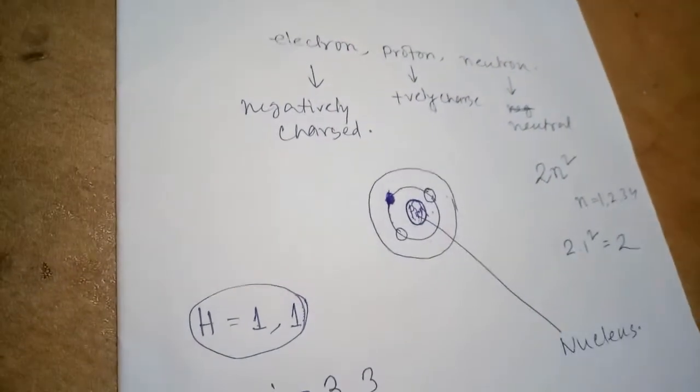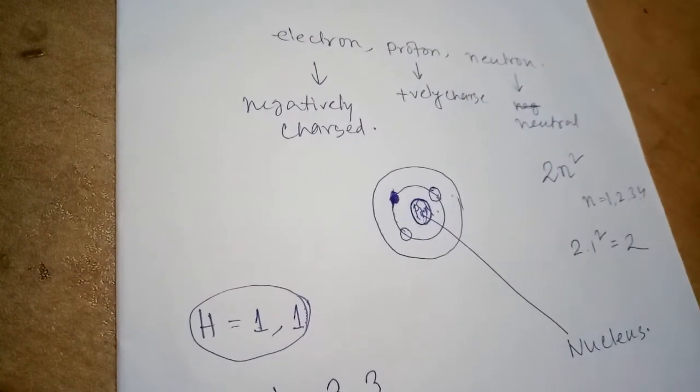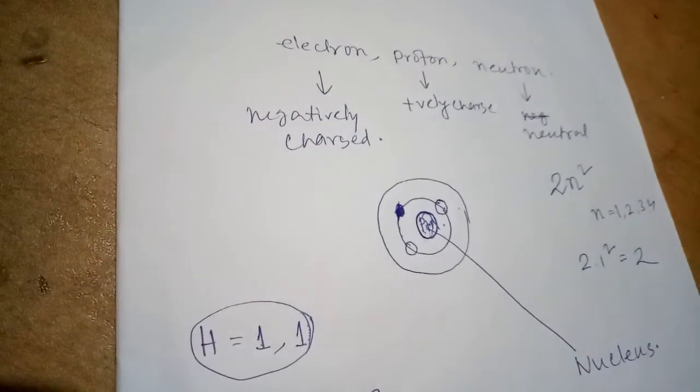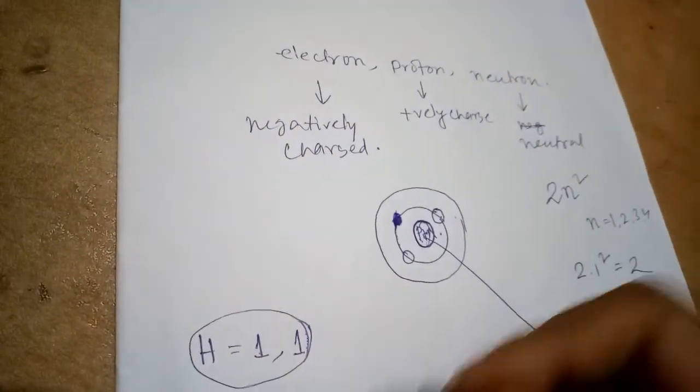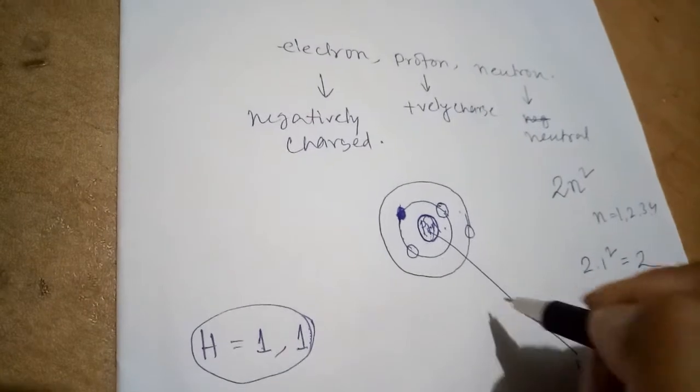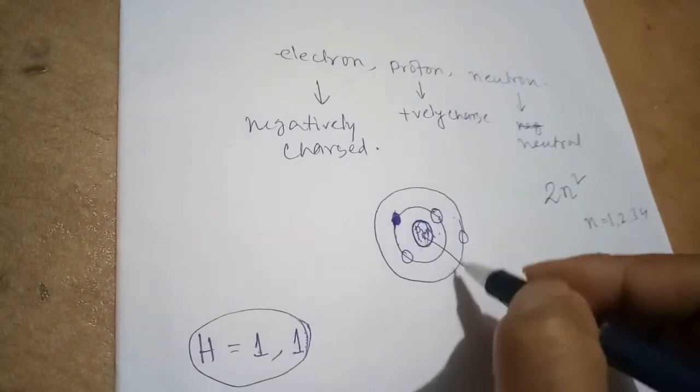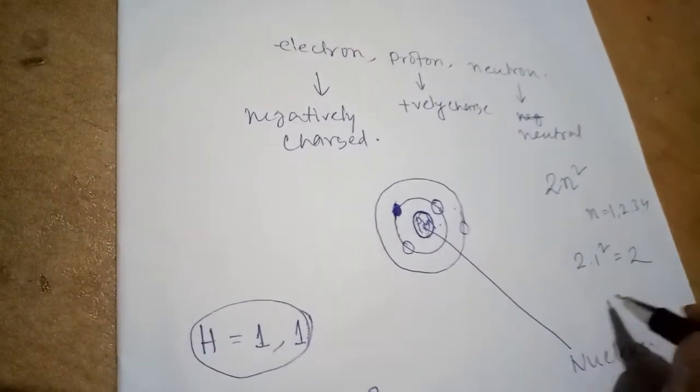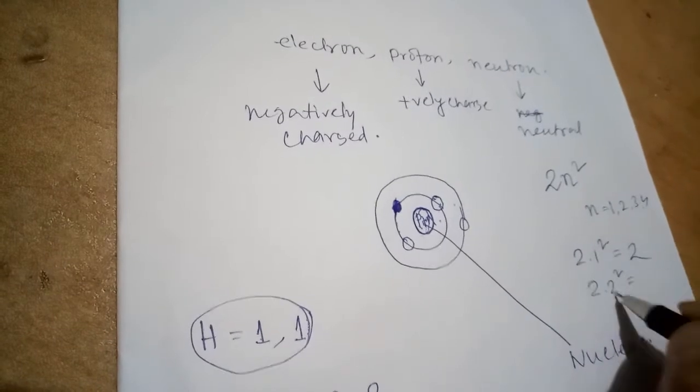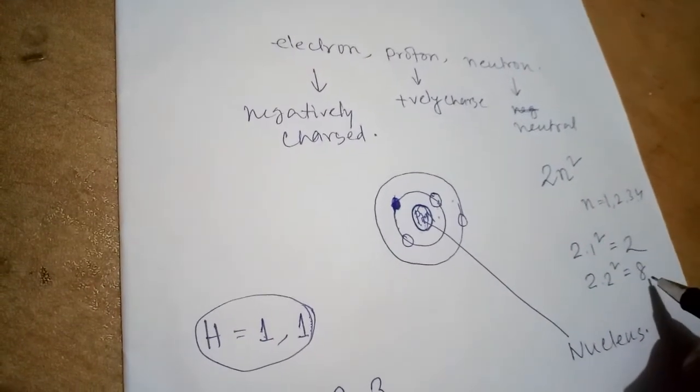So in lithium, there are 3 electrons and 3 protons. The third electron will go to the next shell. How many electrons can be present in the second shell? It is given by 2 into 2 squared, which is 8. So in the first shell there are 2 electrons, and in the second shell 8 electrons.